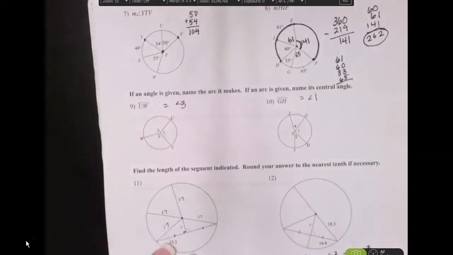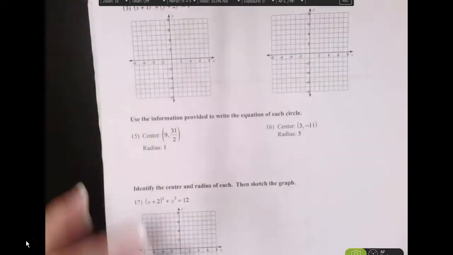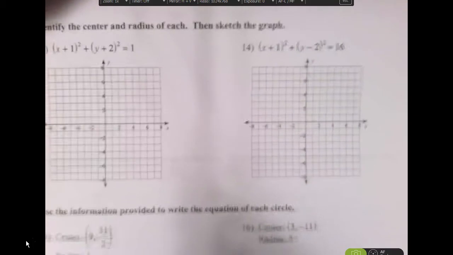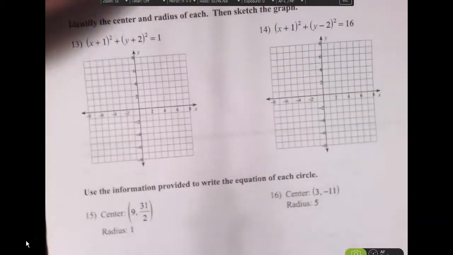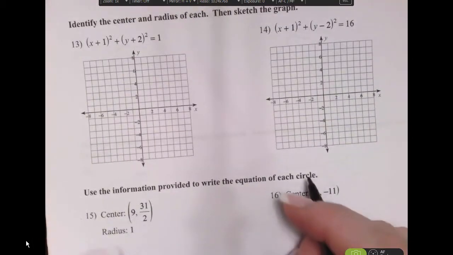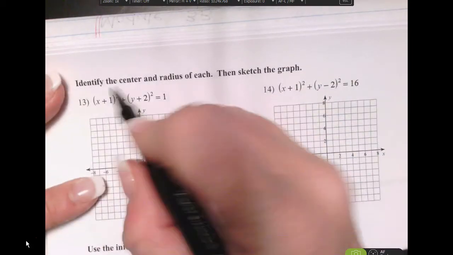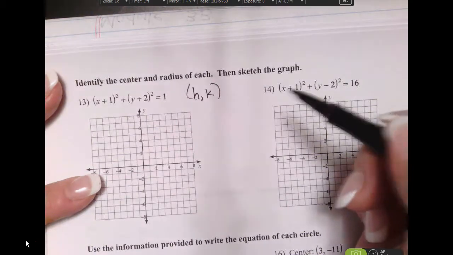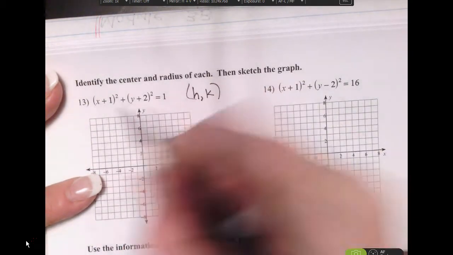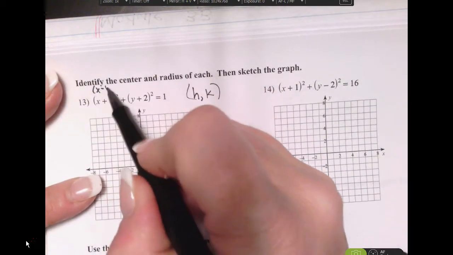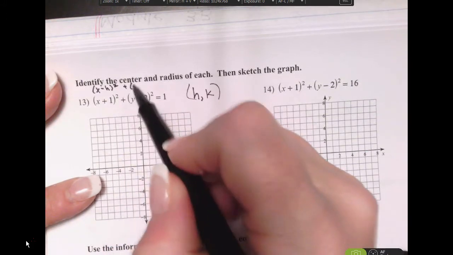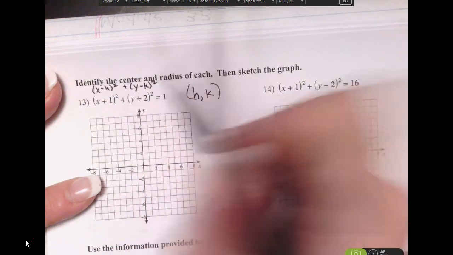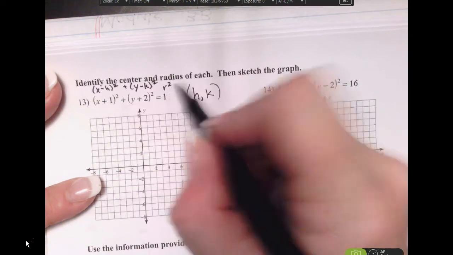Alright, numbers 13 and 14, that is the lesson that we went over yesterday. The center is always going to be h and k from our standard formula for a circle, and we remember that standard formula has x minus h and y minus k, and then that's r squared.